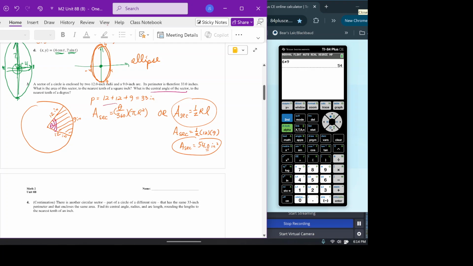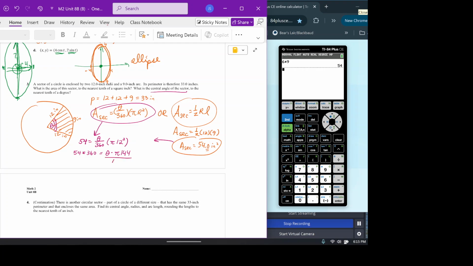And that's where I think this formula might come in handy, because now we can say the area of the sector is 54. So I'm going to combine these two. 54 now has to be theta over 360 times pi r squared. If I multiply the 360 over, then I get theta times pi 12 squared, 144.